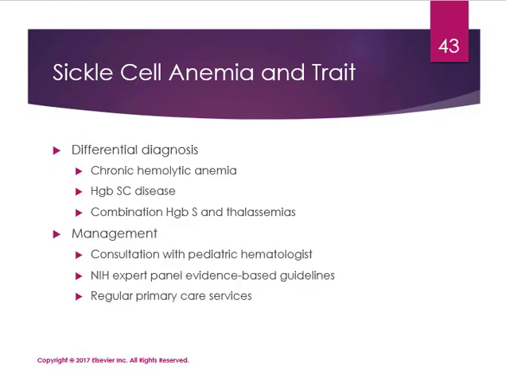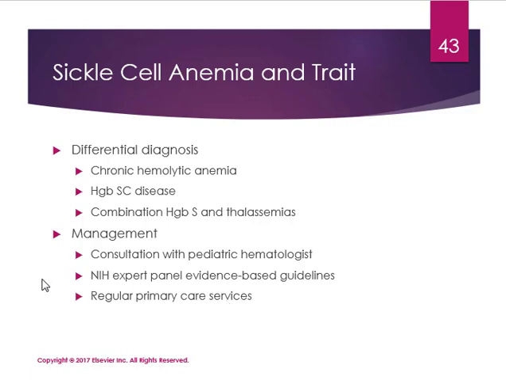Differential diagnoses to include are chronic hemolytic anemia, hemoglobin SC disease, and a combination of hemoglobin S and a thalassemia. With these kids, you will have them in with a pediatric hematologist, and they will be working with you because these kids will definitely need to still have good primary care, but you will work in conjunction with them.